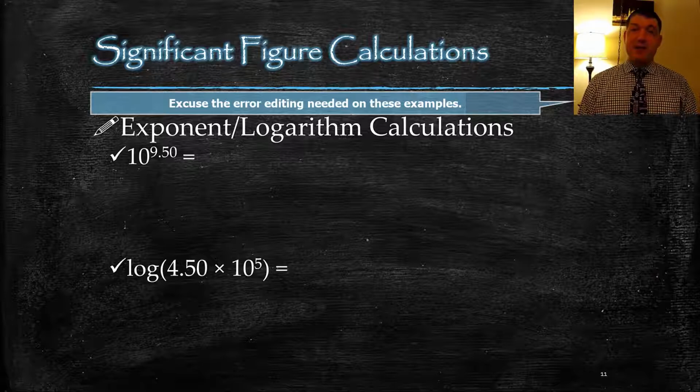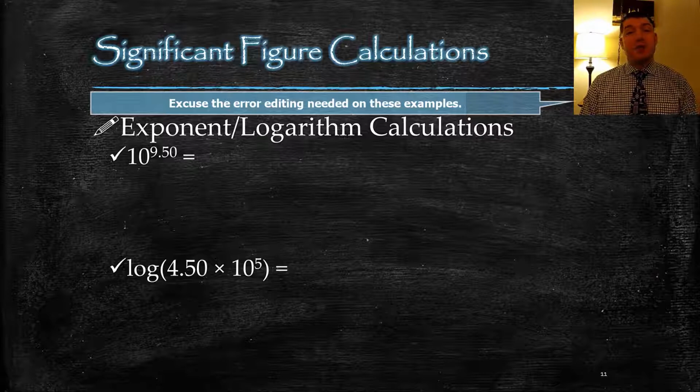Here we see 10 to 9.50. Students might ask, when would you have a measured exponent? Again, not very common in physics, but in chemistry, let's say you're measuring the pH. If you were measuring the pH as 9.50, then that would determine the number of significant figures in your answer.